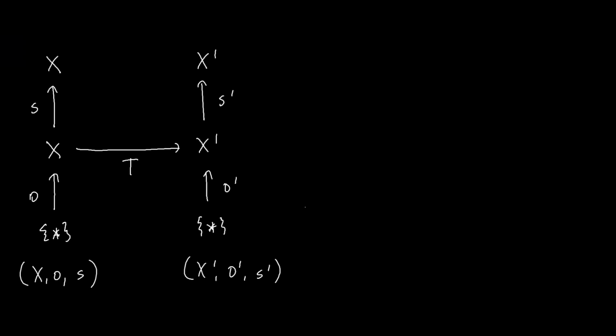Maybe I shouldn't have called it 0. Maybe I should have called it something like E, but now it's too late. So what is a translation from one language to another? It assigns to every word in one language another word, right?